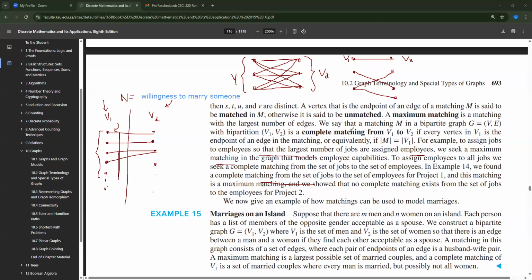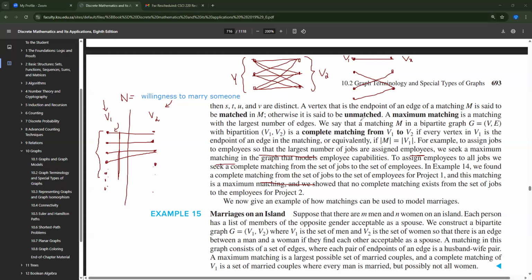This would not be a complete matching because you have one too many edges. This one could. This would be a complete matching from V1 to V2, but not from V2 to V1 because you have too many edges.